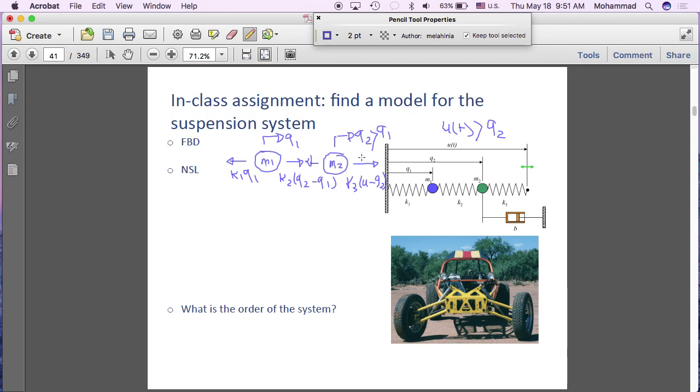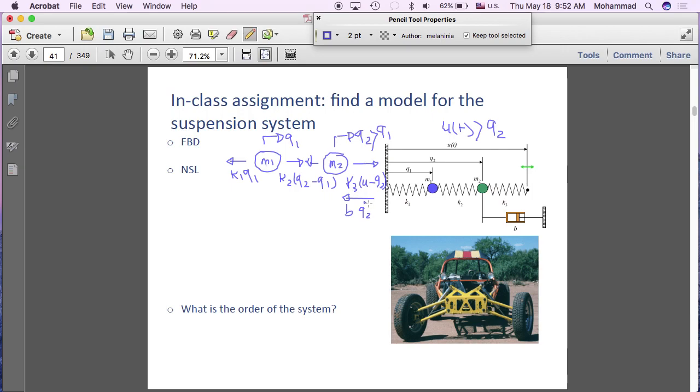And then we have the force of the damper also. The force of the damper would also oppose the motion of Q2, which is to the right. So it would be in the opposite direction. If I can draw it somewhere here. If not, I'm going to draw it here. This is B times Q2 dot. The damper force is proportional to the velocity.